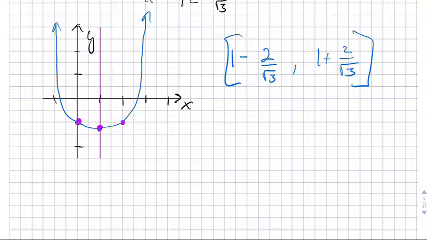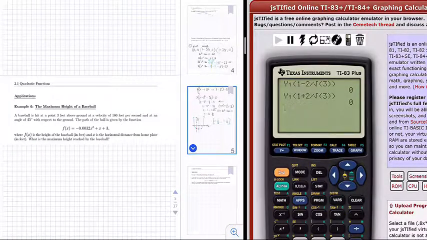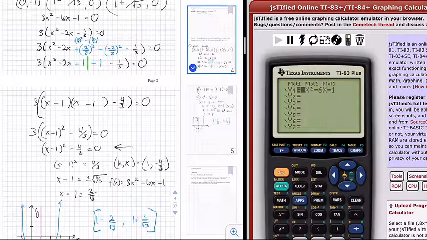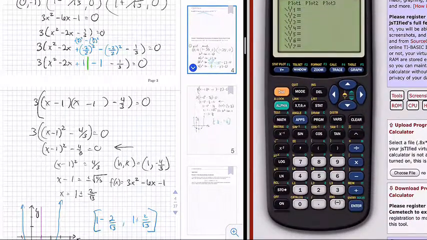Okay, just because these numbers aren't clean, I want to verify that these are actually on my parabola. So I will put in my original, go to y equals and clear. It's going to be 3x squared minus 6x minus 1.